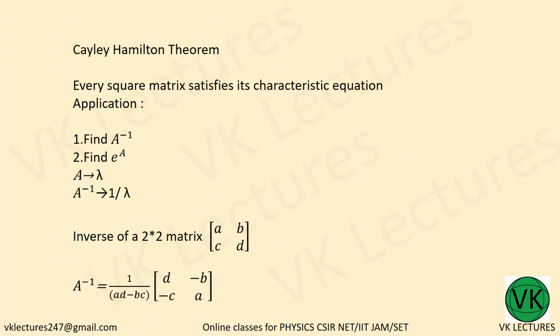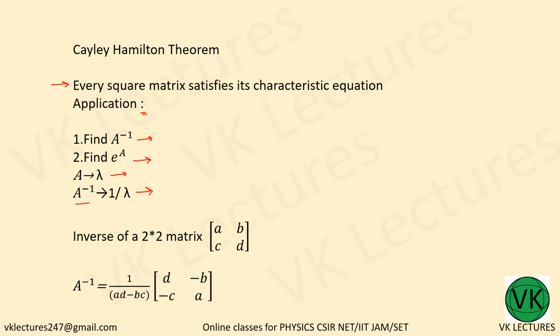Here we are discussing the Cayley-Hamilton theorem. It says that every square matrix satisfies its characteristic equation. By this we can find the inverse of A, or e to the power A, by changing A to lambda and A inverse to 1 by lambda.